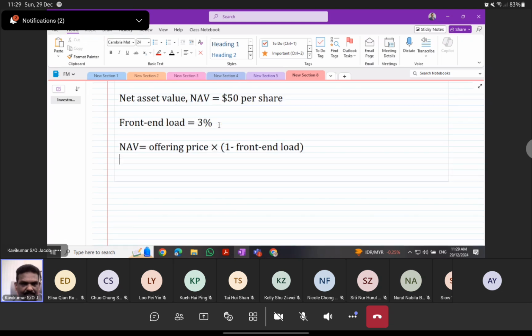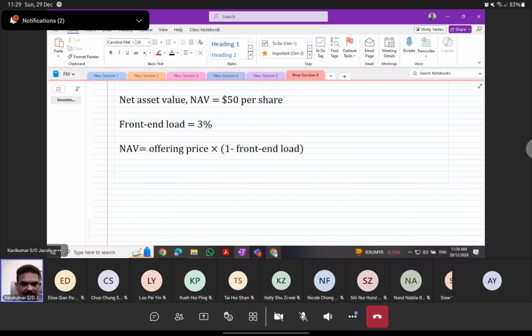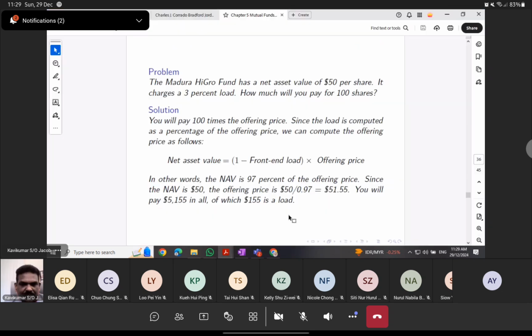The question is how much you will pay for 100 shares, so we want the offering price of shares.